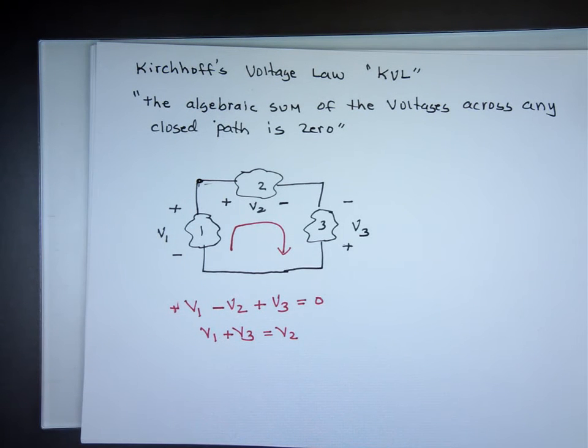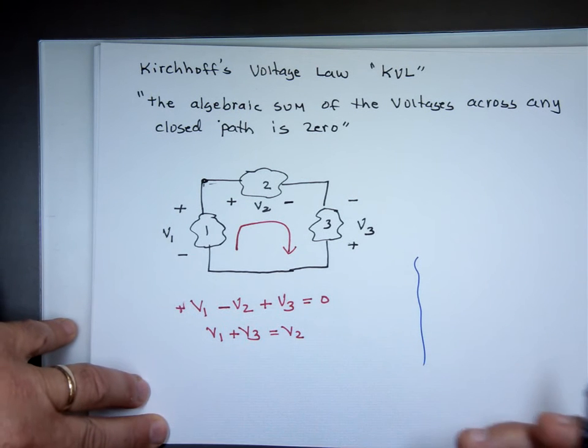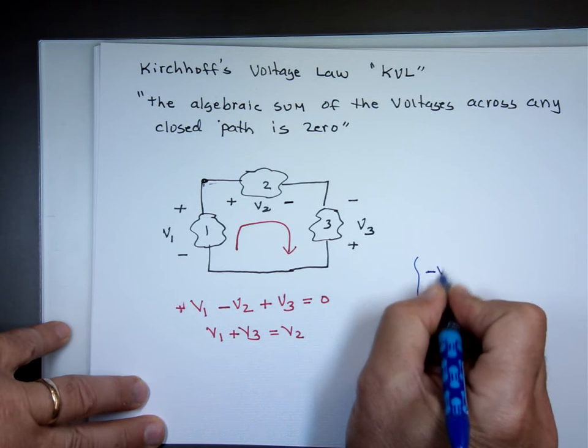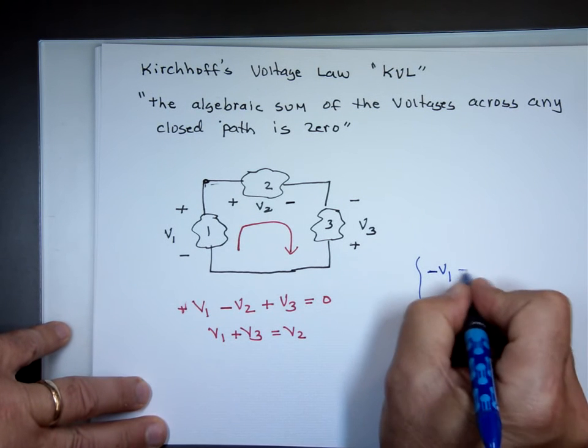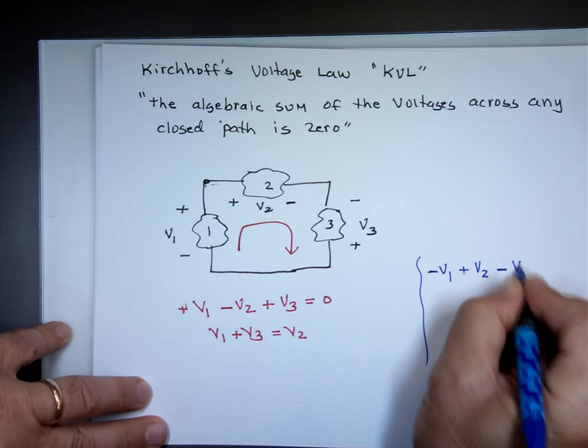If you're like me, I go, you know what? I don't know why we're flipping them. You enter the minus, you make it a plus. You enter the plus, you make it a minus. Why not just leave it, if you enter the minus as a minus, enter the plus as a plus? So this becomes what? Negative V1 plus V2 minus V3 is equal to 0.